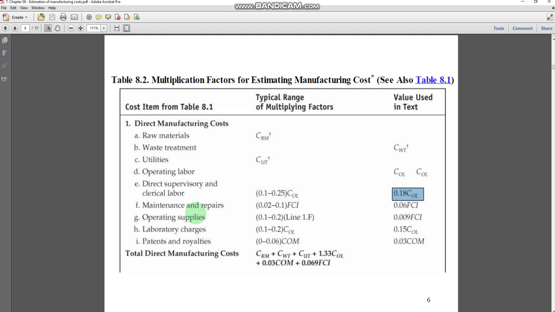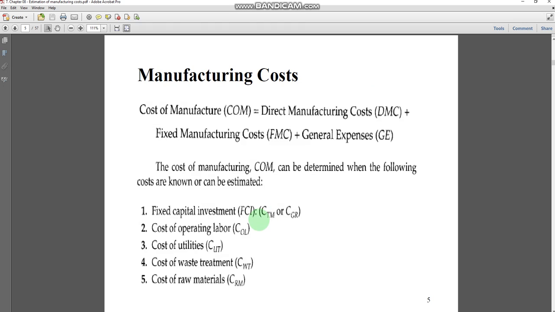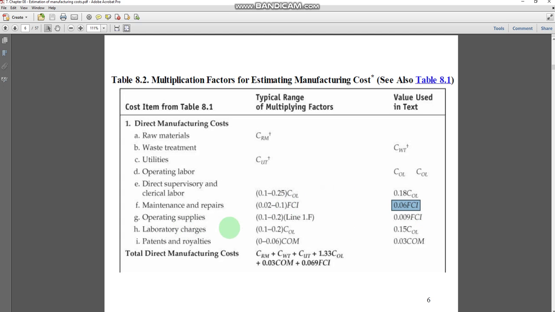Then for maintenance and repairs, the average value is 0.06 times FCI, the fixed capital investment, which is equal to total module cost or the grassroots cost. And then we can have the operating supplies as a function of fixed capital investment multiplied by 0.009.